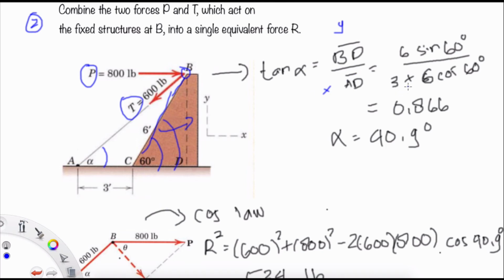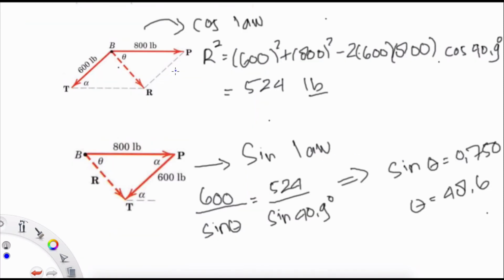So we will have 3 plus 6 cos 60 degrees, and it will be 0.866. So it's still the tangent of alpha, and alpha will be 40.9 degrees. Please remember that this problem can be solved by using the parallelogram law or the triangle law.